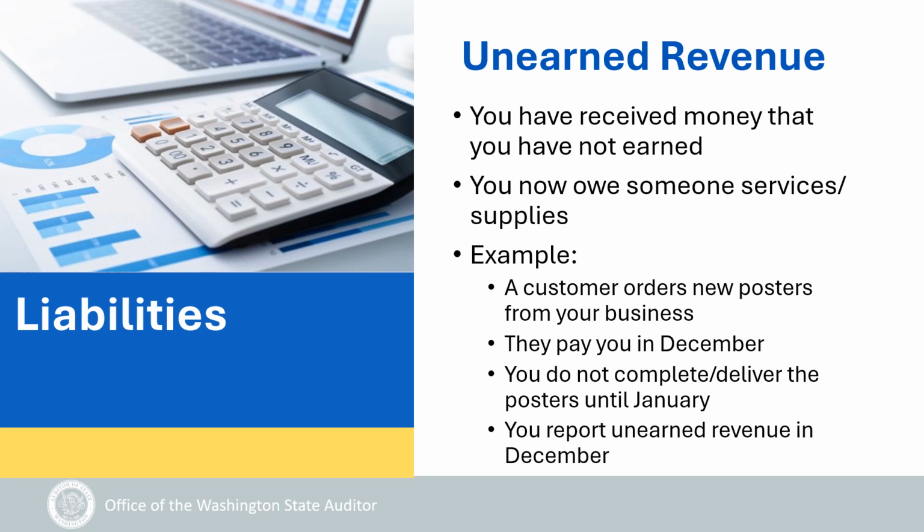They pay you up front in December, but you don't complete the job until January. In December, you report an unearned revenue because you have received cash without performing the promised work. You owe the customer those posters. Then in January, you report the revenue since that's when you did the work and that's when you earned it.